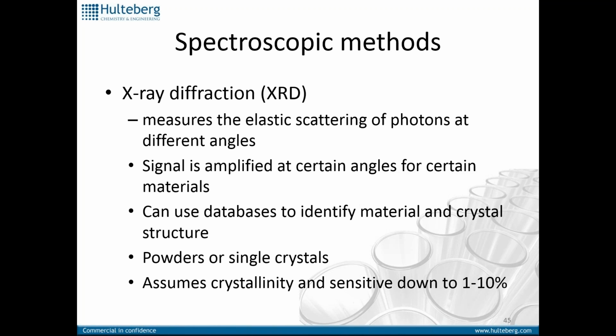The nice thing about this method is that it's really inherent to the material, so you get a nice fingerprint of the material that you can take to a database, and you can identify the material and the crystal structure that has formed.